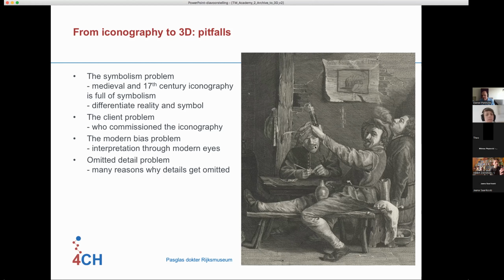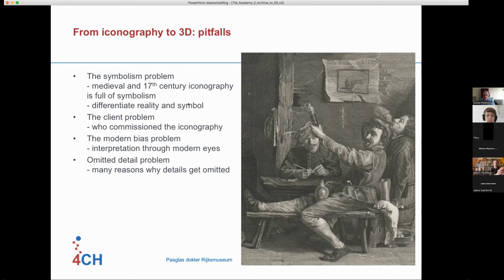No, it wasn't. So we need to see through that, because on the other hand, in the picture, there are a lot of details which are very, very good. For example, the clothing is very, very precise, etc. So you need to see through the symbolism that is there and differentiate what is reality, what is really there, and what is symbol.